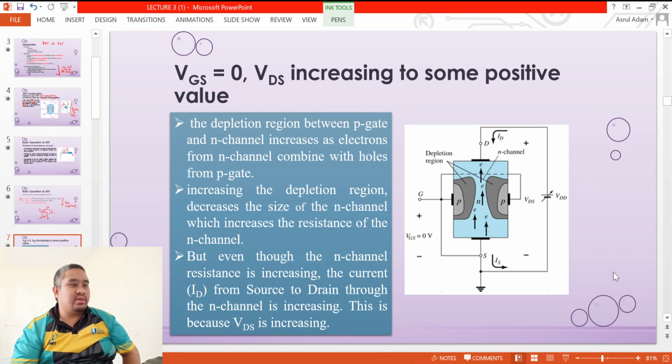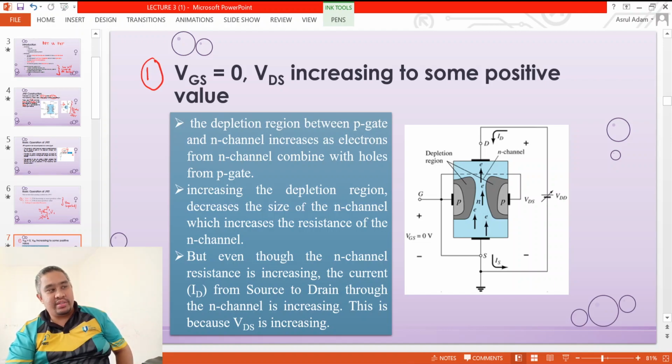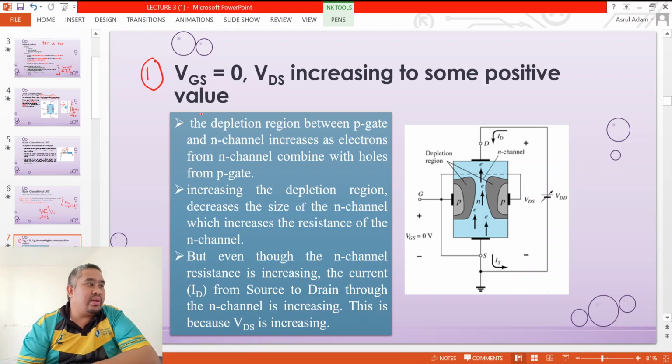This is what happens in our JFET for the first basic operating condition, when VGS equals 0 and VDS is increasing to some positive value. As you can see in the slide, on the left side, you can see the depletion region between the P gate and the N channel.